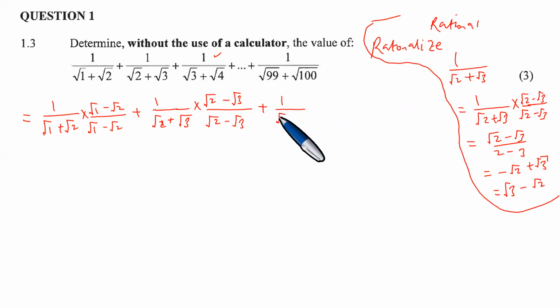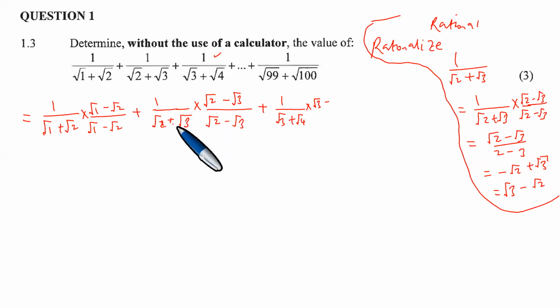We continue to rationalize. We look at this one, the square root of 3 plus the square root of 4. And we should rationalize. If you rationalize, you multiply by 1 because if you divide these things that are the same, it's like 1.